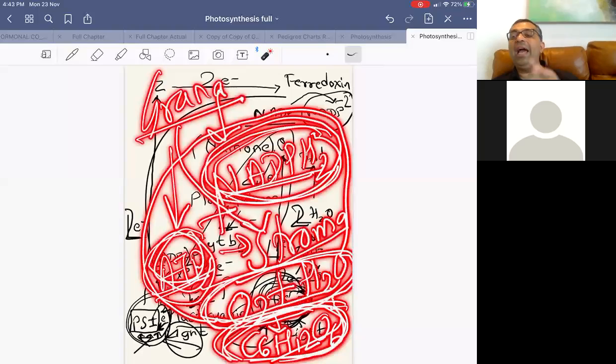glucose में है solar energy. Glucose में sunlight की energy है. हाँ, लेकिन CO2 और H2O directly sunlight को use नहीं कर सकते हैं. तो CO2 और H2O क्या use करते हैं?